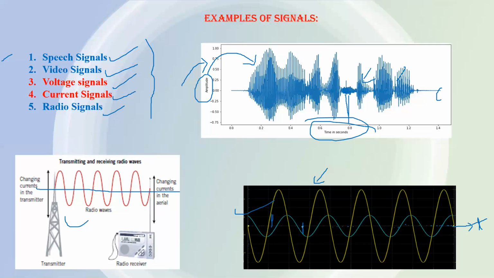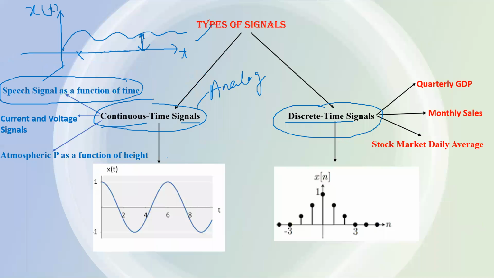The amplitude will be this. So at each and every point you can define the amplitude of the signal, or you can say continuous time signals are defined, and their amplitudes can be obtained over the entire range of time. So such types of signals are called continuous time signals.